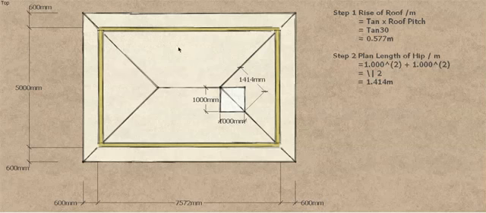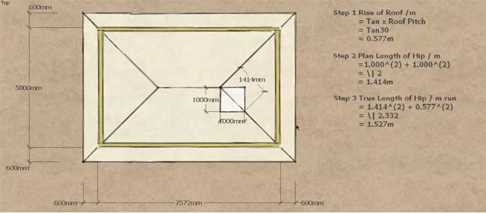So now we can do Pythagoras again with those two dimensions. So the true length of the hip per metre is 1.414 squared plus 0.577 squared, and you square root that, and you get a length of 1.527 metres.